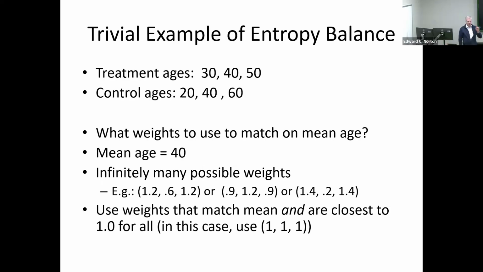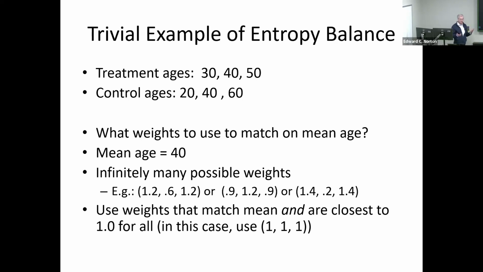Okay, let me give a really simple example of how one might come up with entropy weights. For a trivial example, suppose we have 3 treated observations and 3 controls. The ages for the treated are 30, 40, and 50, average is 40. The controls are 20, 40, and 60, also an average of 40.